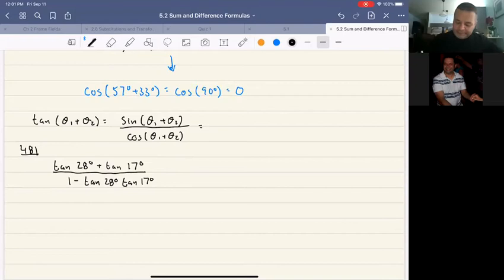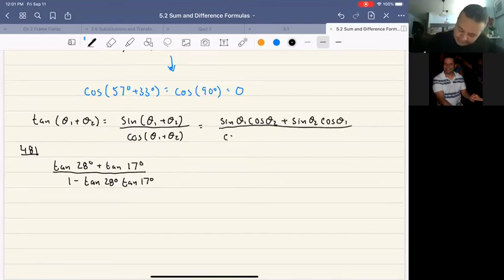So that's sine theta 1 cosine theta 2 plus sine theta 2 cosine theta 1 over, now for cosine, cosine theta 1 cosine theta 2 minus sine theta 1 sine theta 2. So far, it doesn't look like anything.